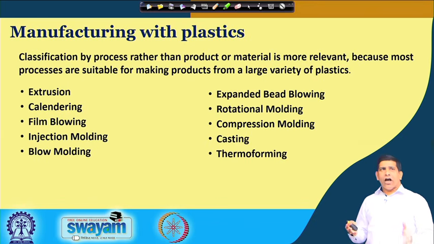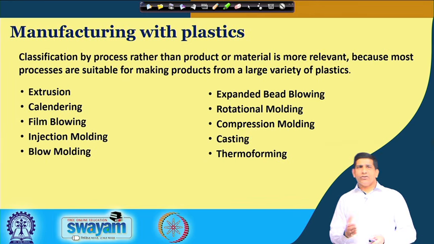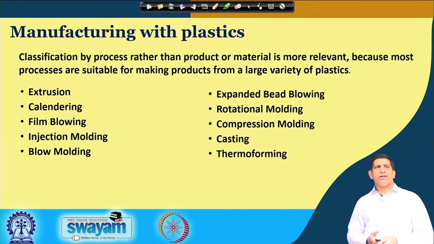The next step is to make products out of it. Having long sheets of PET or HDPE in whatever form is not going to help; we have to make different products out of that. There are different ways of making those products.